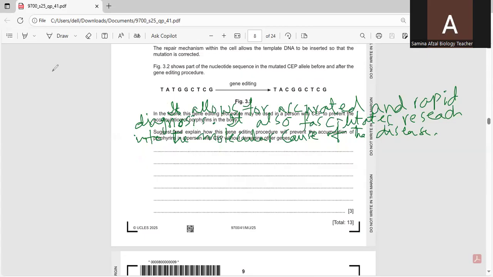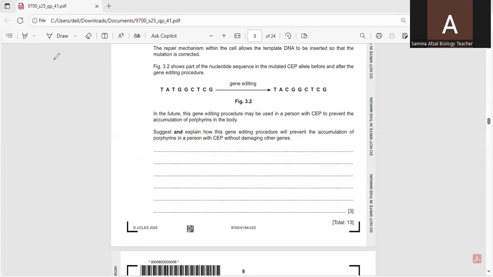You can see the sequence before: TAT, GG, CT, CG, where T is thymine, A is adenine, G is guanine, C is cytosine. These are the nitrogen bases, so the sequence of nucleotides. After the gene editing, you can see T is replaced by C.